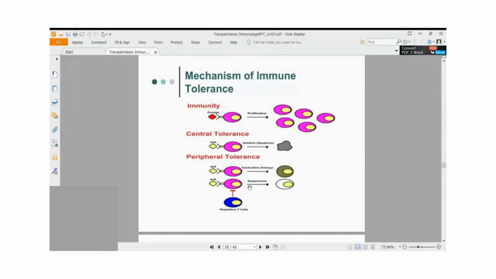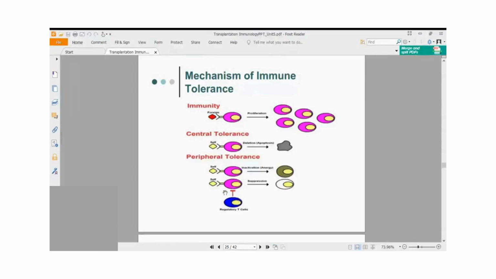There is also another regulatory mechanism in the secondary lymphoid organ. There are T regulatory cells, which secrete immunosuppressive cytokines. The immunosuppressive cytokines, like IL-17 and IL-10, secreted in large quantities by the T regulatory cells, will prevent the T cells from getting activated against the self antigens when they come in contact with them.